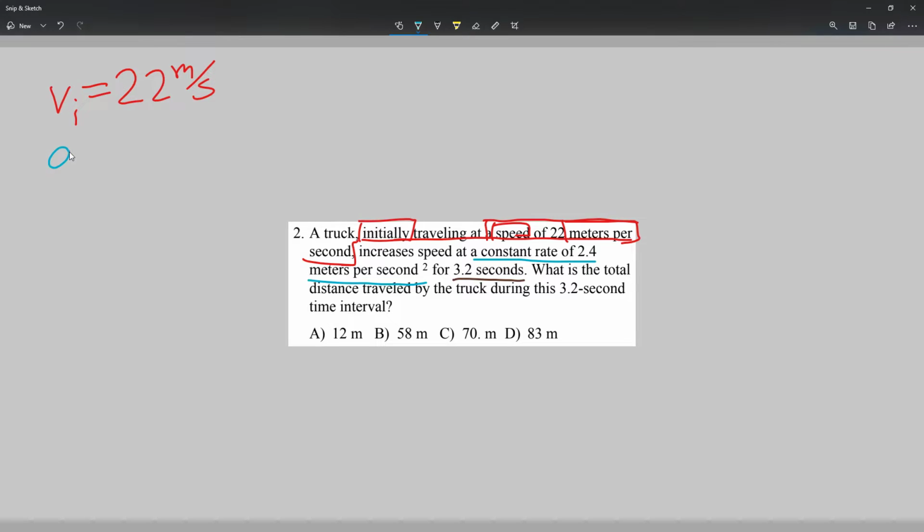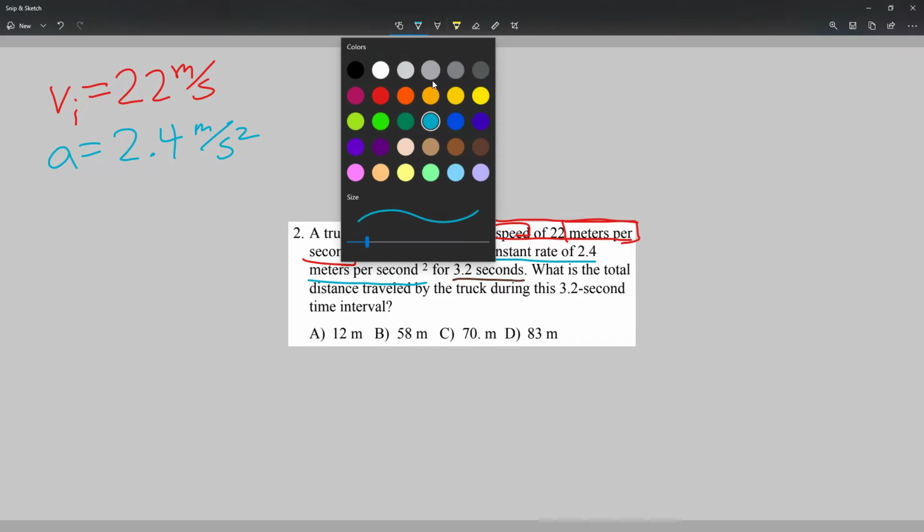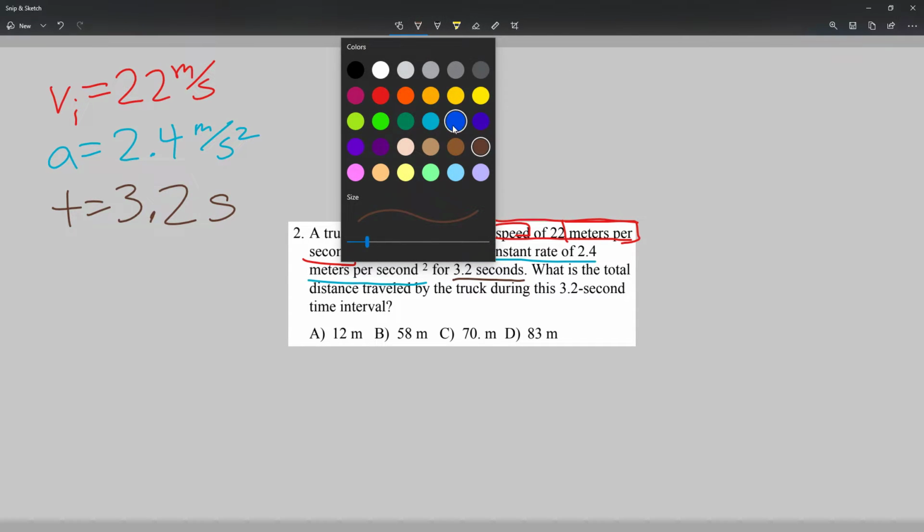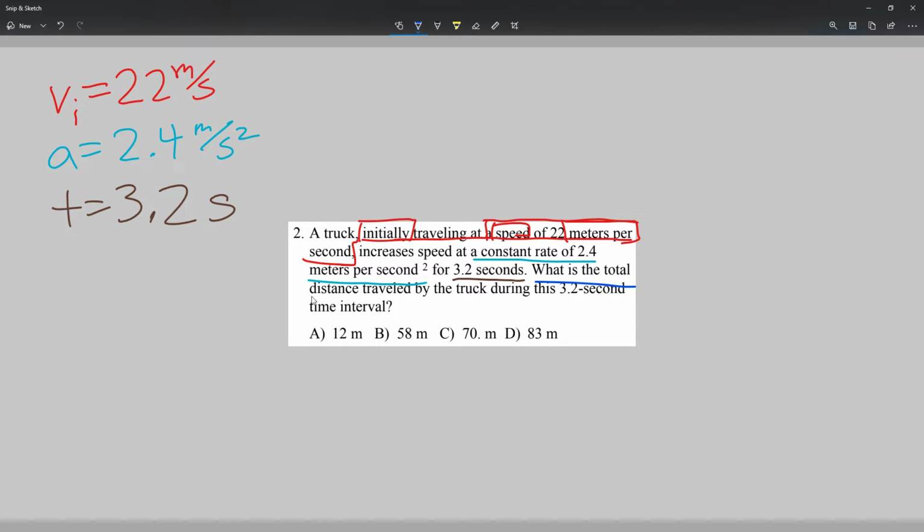So we're going to put A of 2.4 meters per second squared. And then you see the seconds, which means it's a time measurement. All right. And then the question is asking you, what is your total distance traveled? So what is D? So now we need to figure out a formula to use.